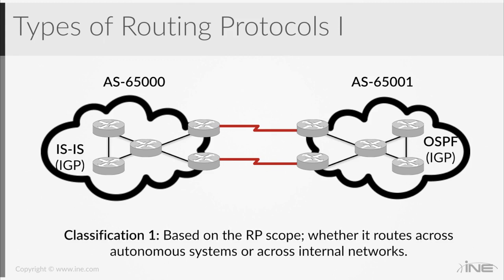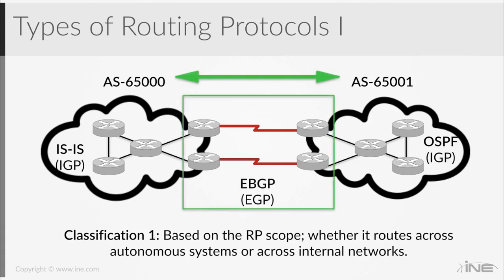There is only one protocol which routes across autonomous systems, and it's called BGP. In this case, it's also called eBGP, as you can see on the slide, standing for external BGP, but the protocol itself is BGP. eBGP is like a flavor of BGP. It might seem confusing because now I'm talking about two things and there's yet a third one, right?